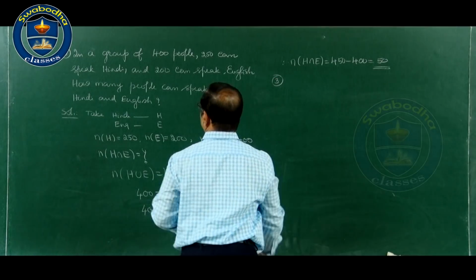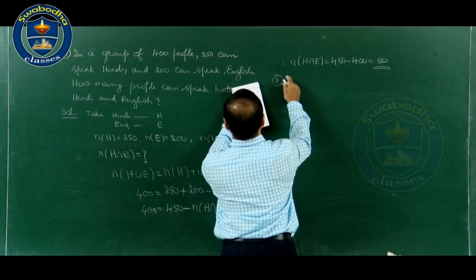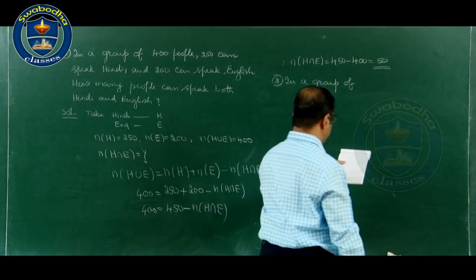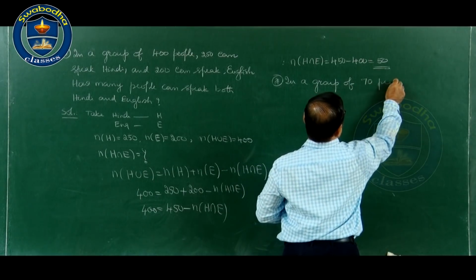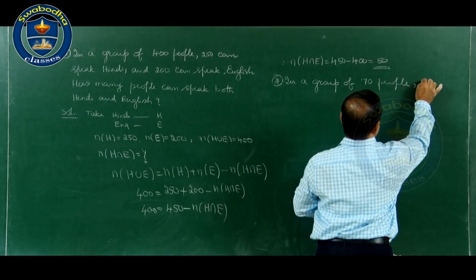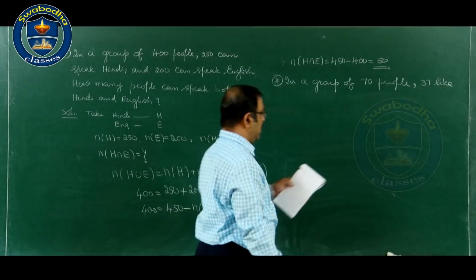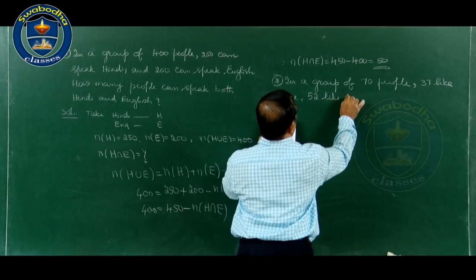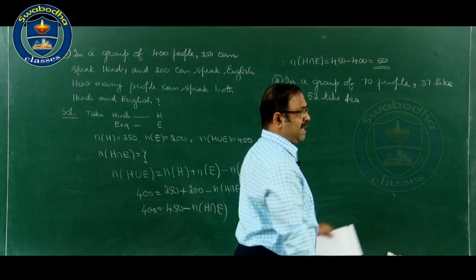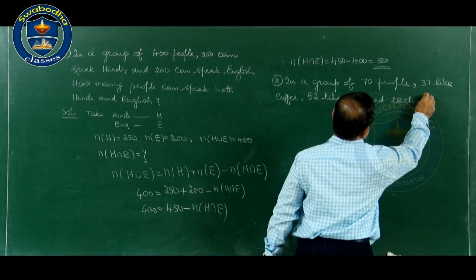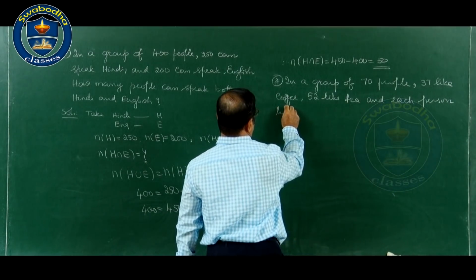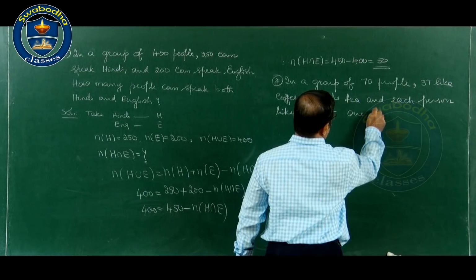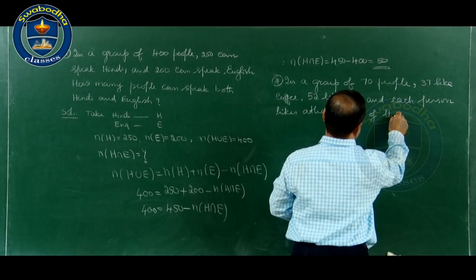I'll explain one more problem. In a group of 70 people, 37 like coffee, 52 like tea, and each person likes at least one of the two drinks.